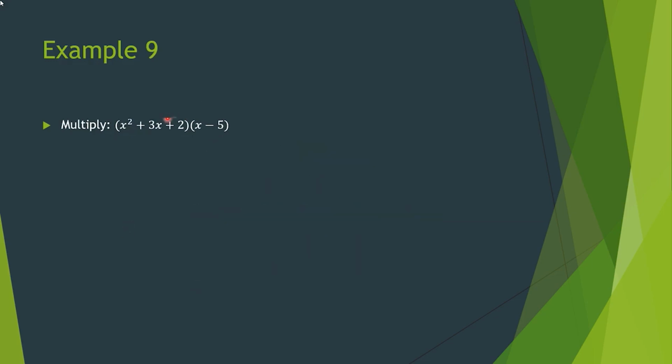Here you have 3 terms times 2 terms. So 3 times 2, you would end up with 6 terms. Again, you distribute. I can distribute in the opposite direction too, and that's what it looks like I did here.